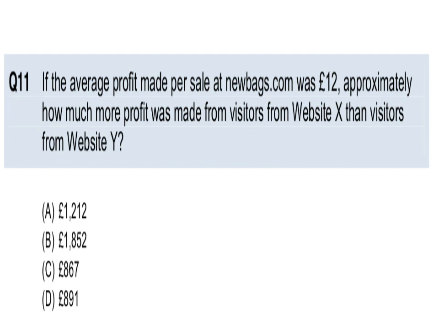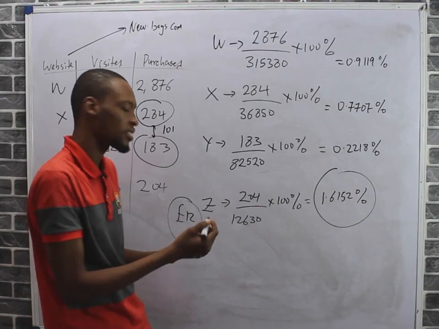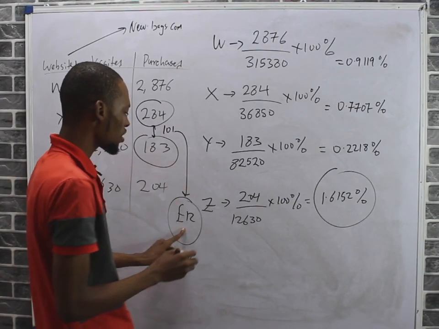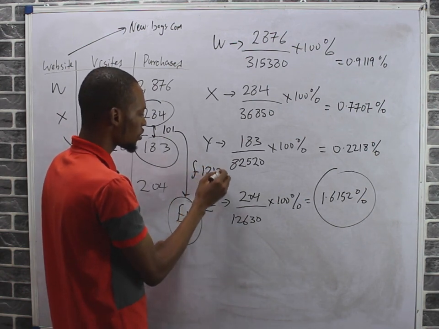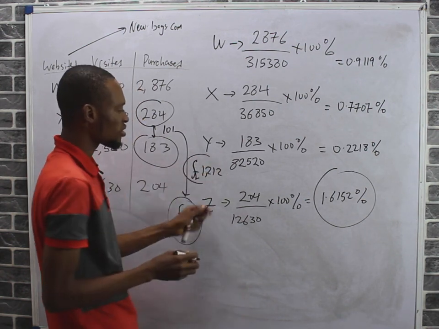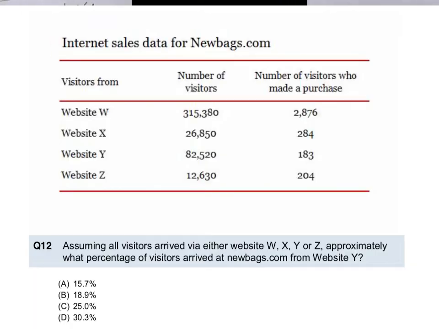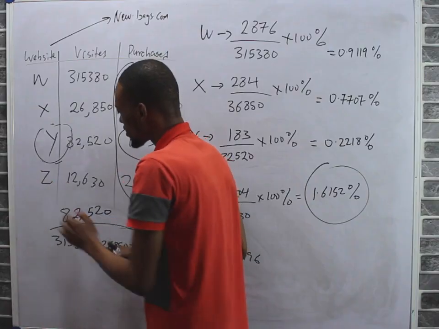So how much more will simply be subtracting how much was made from each of them to give you 101, which is the difference, times price per unit. That should be 1,212 pounds.